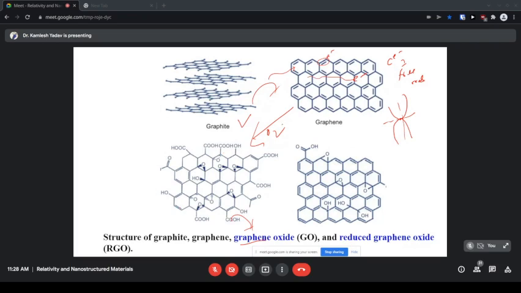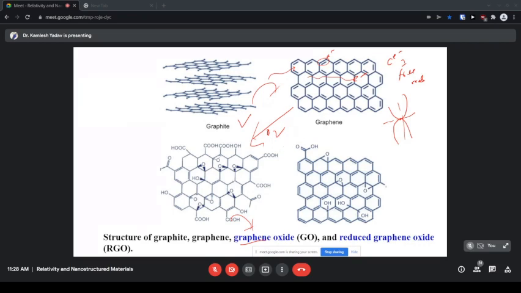By changing the graphene, we can obtain other materials where there will be some band gap, and then you can use these materials in solar cells, etc. We will modify the graphene structure.